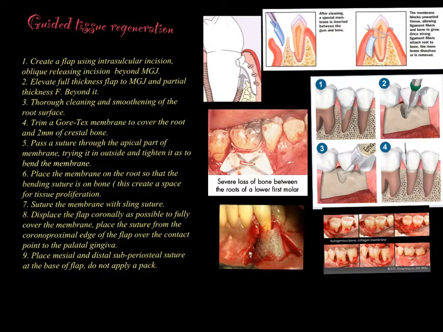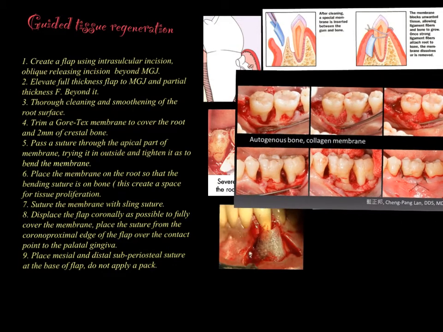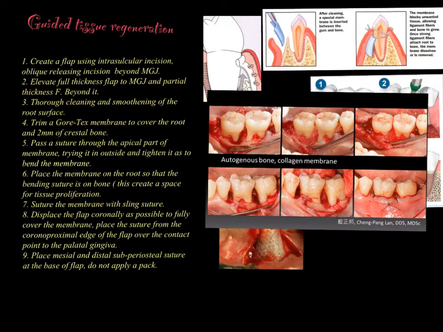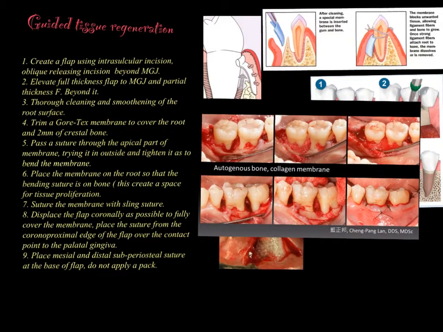First of all, we create a flap. Like here, for example, we create a flap using an intrasulcular incision inside the sulcus, and an oblique releasing incision to release the flap, and we extend the flap beyond the mucogingival junction.